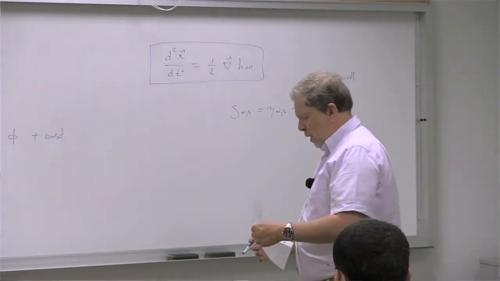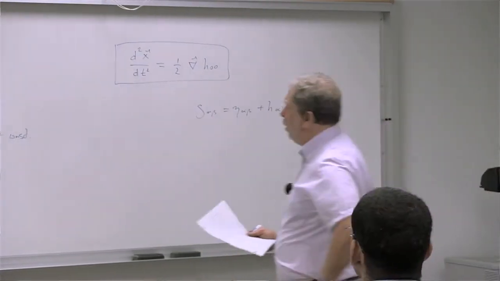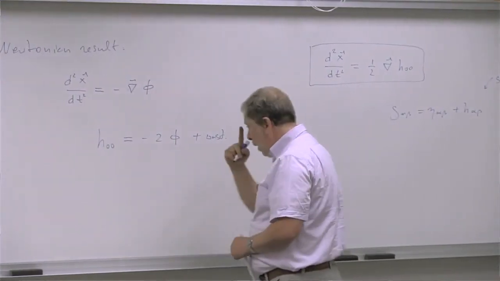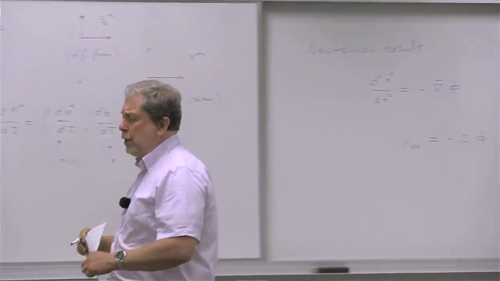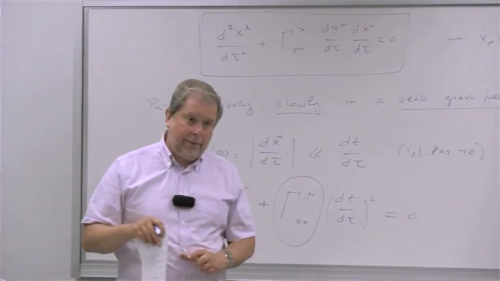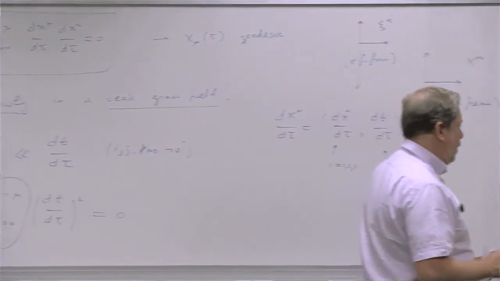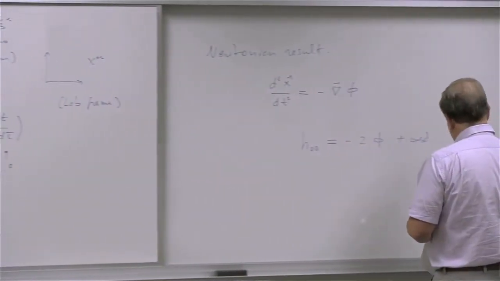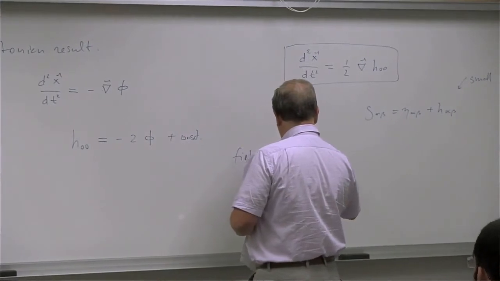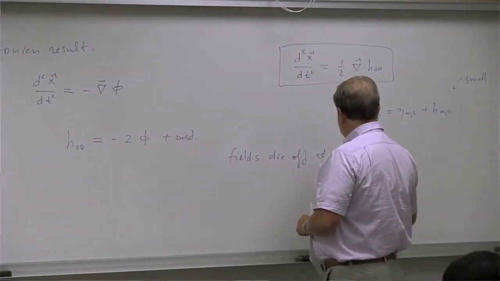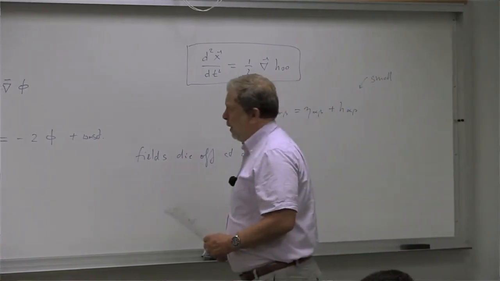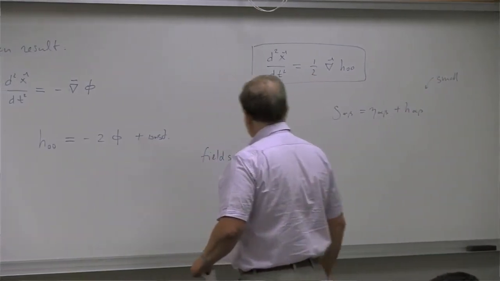And so now you want to consider the case when you go away from whatever the source is for this gravitational field, and when you go far away, the gravitational field should die off, right? So fields die off at infinity. And if the fields die off at infinity, then you would expect that this constant be equal to 0.